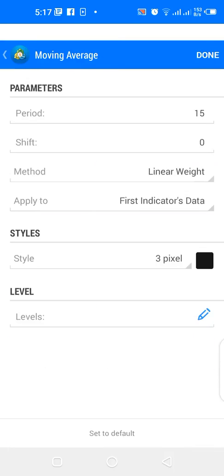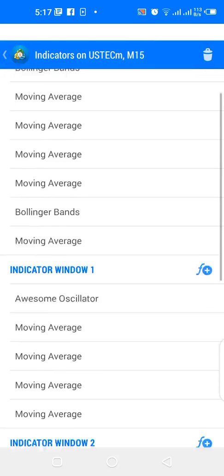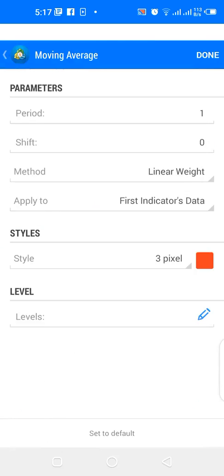Then for the moving averages, the first one, we have 15 period moving average. Shift is 0. Method is linear weight, apply to first indicator's data, and the color is black. The second moving average is 1 period linear weight, apply to first indicator's data, and the color is red.